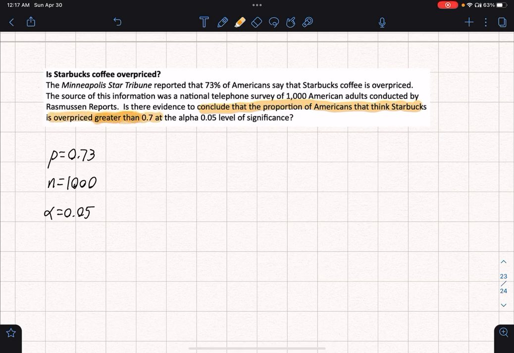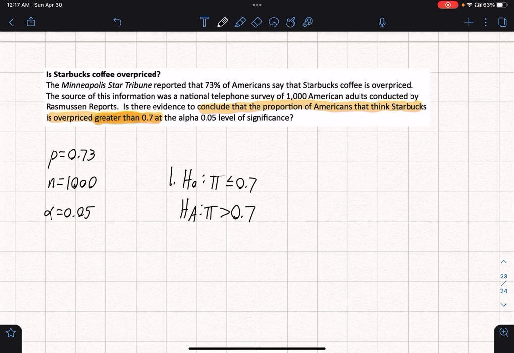So this is going to be a one-sided test. I'm going to start with the alternative because that's our question of interest. We are asking, do we think that the true proportion is greater than 0.7? Therefore, our alternative will be pi greater than 0.7, and the null will be pi less than or equal to 0.7.